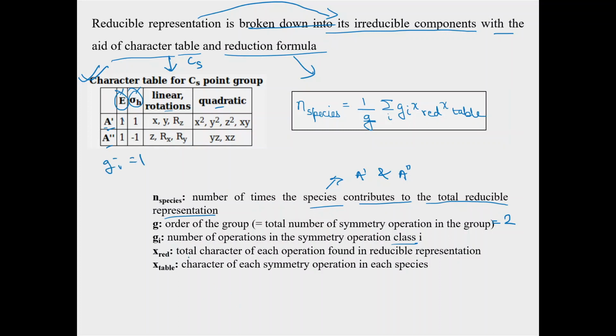Then chi reducible is the total character of each operation found in the reducible representation, and chi table means the character of each symmetry operation in each species. These are individual characters. Chi reducible means what we found out, 3 E and 1 sigma h.